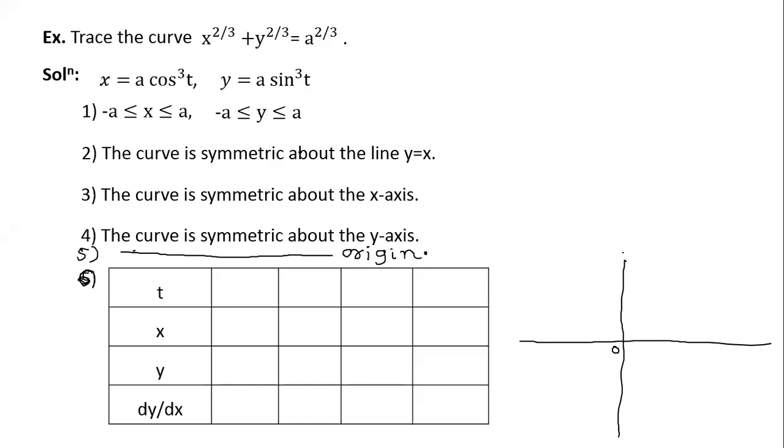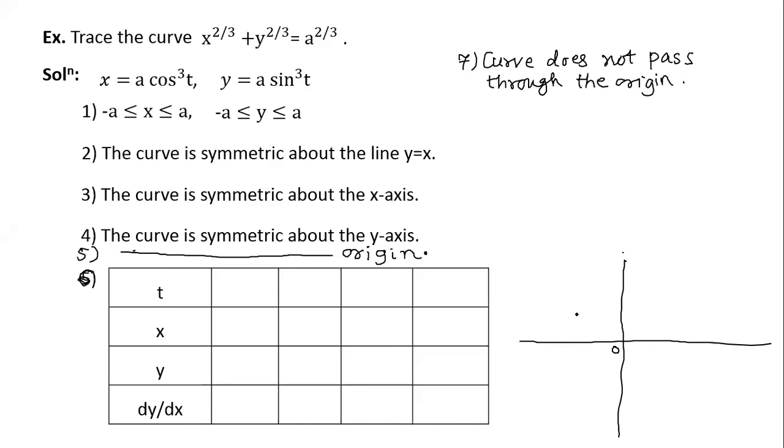I am not able to find even one value of t for which x will be 0 and y will be 0 simultaneously. So I dare to say that the curve does not pass through the origin.